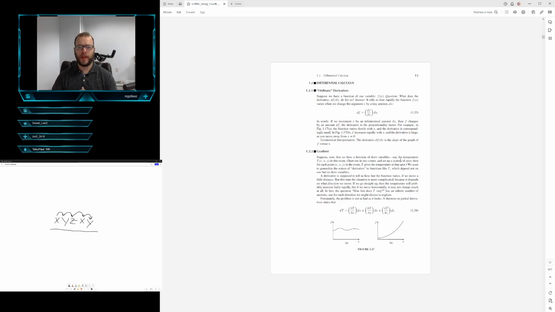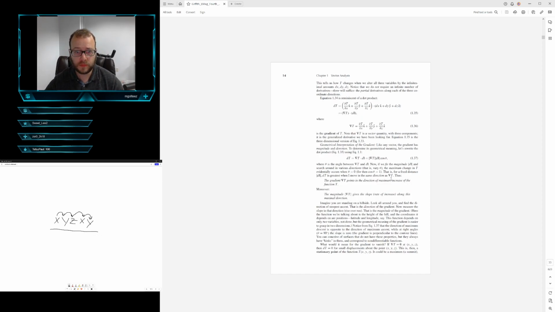So we can first define what a gradient is. Now, a gradient can be seen as a slope in a particular direction, but strict definition is given here. So let's back up.